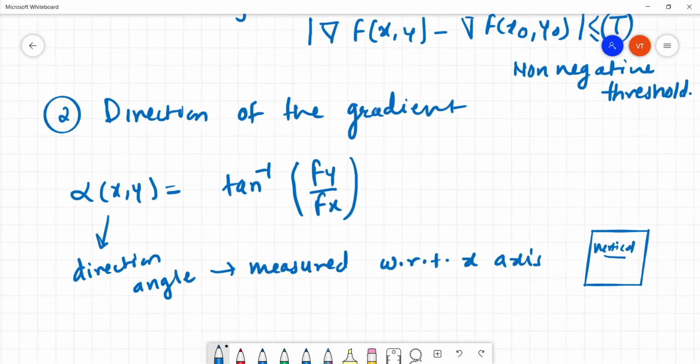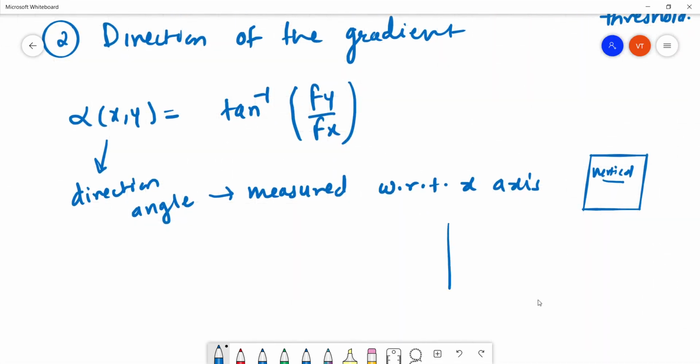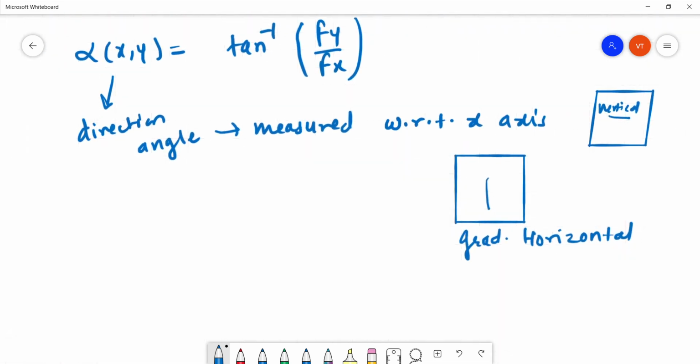Similarly, if the edge is vertical, then gradient will be horizontal. Always remember this. When you find that gradient is in the horizontal direction, you can always say that there has to be a vertical edge.